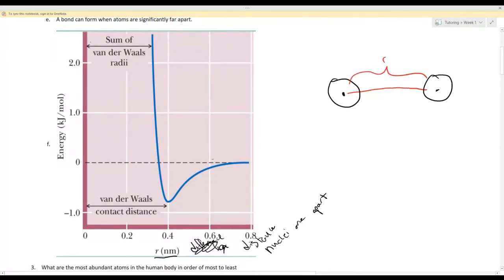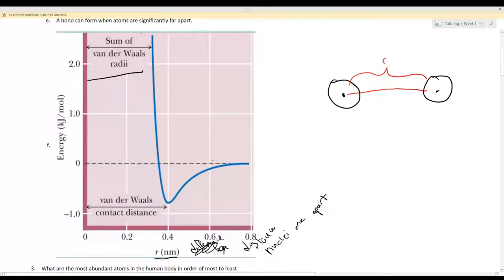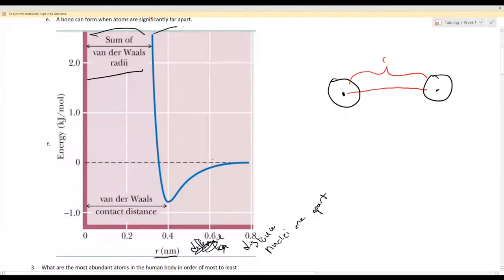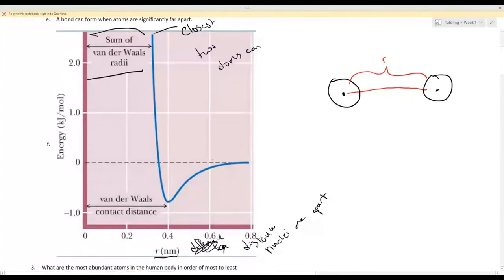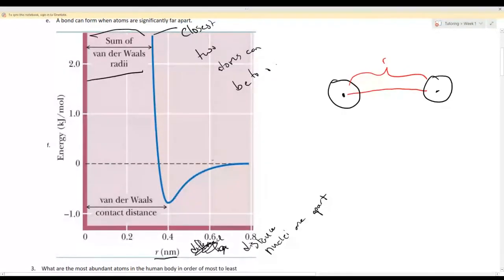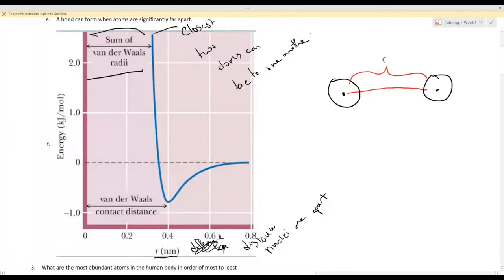Okay. So this at the very top here, I should say, closer to here, is the closest two atoms can be to one another. Okay.